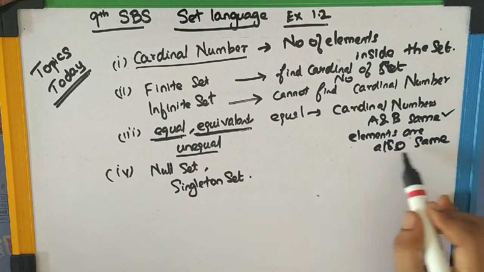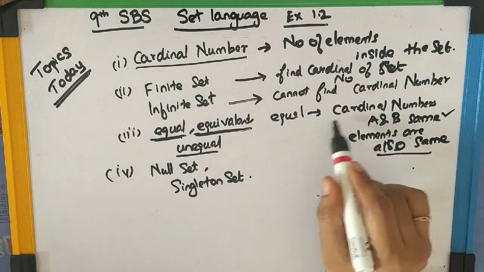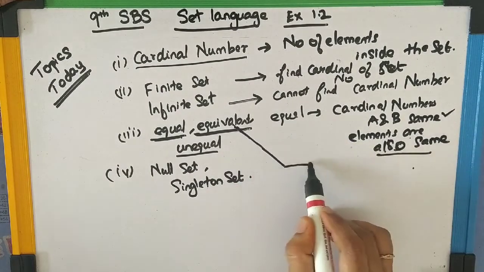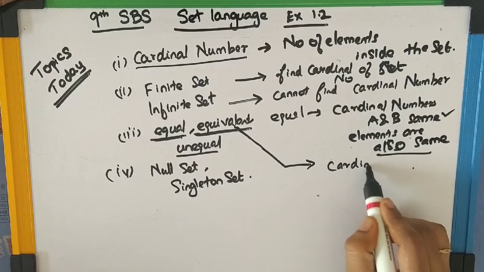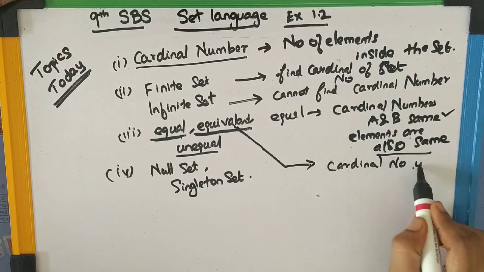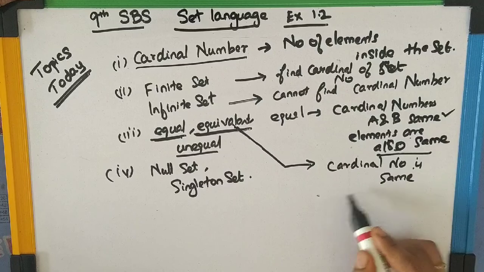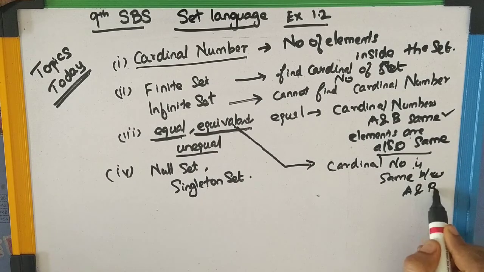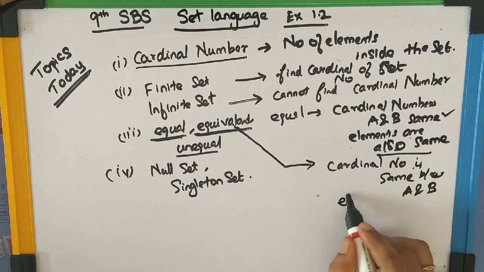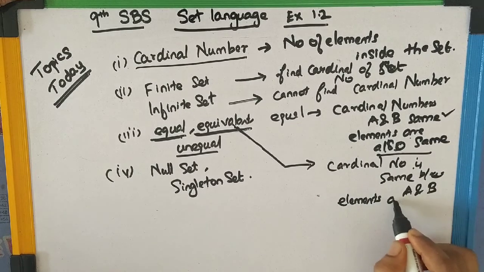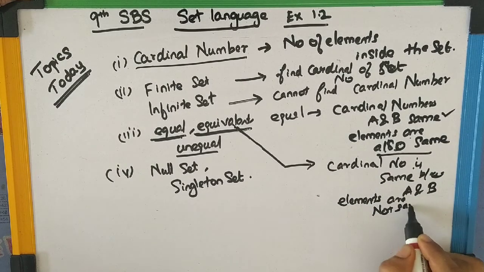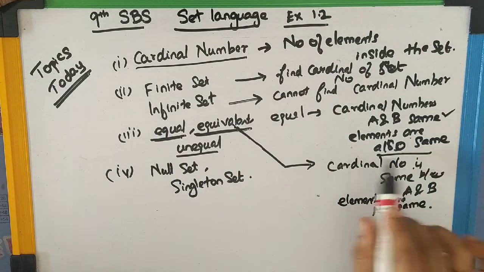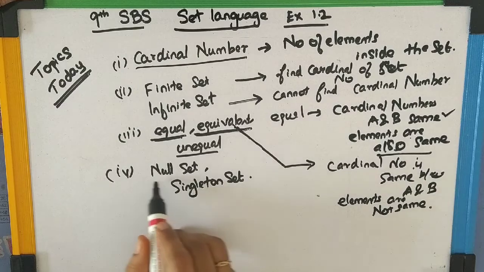If the cardinal numbers of two sets A and B are the same, but the elements are not the same, that is an equivalent set. That is, if only one condition is satisfied, the cardinal numbers are the same and the elements are not the same, then the sets are called equivalent sets. Then what is an unequal set? The sets which have no same cardinal numbers and the elements are also not the same, then the two sets are called unequal sets.